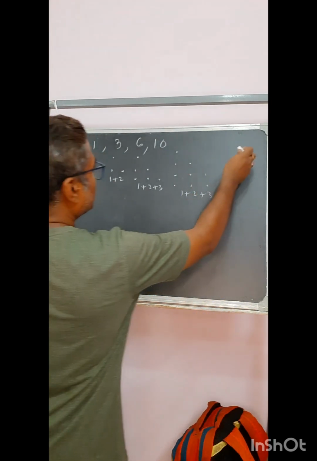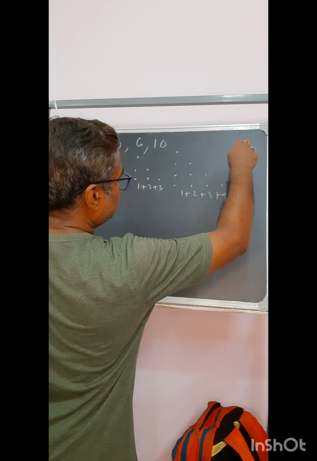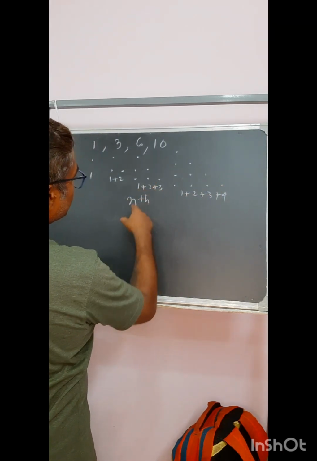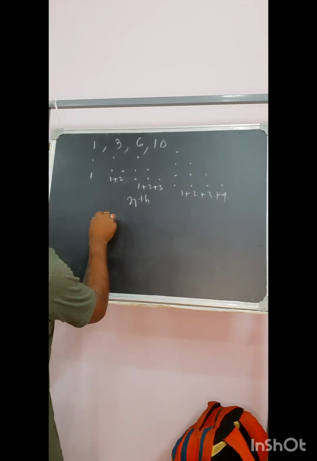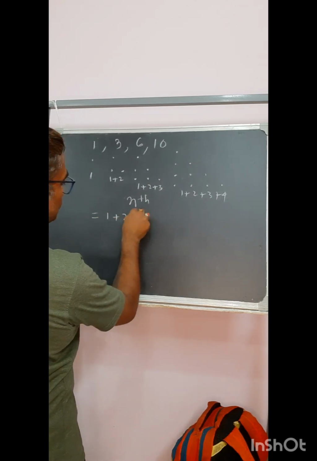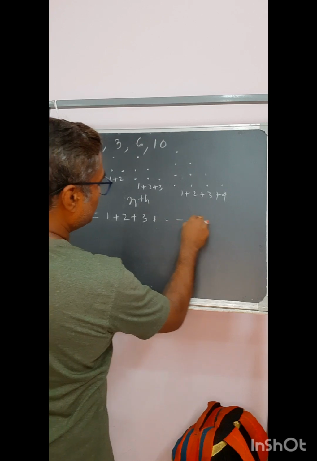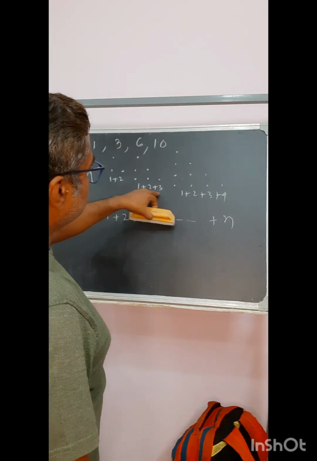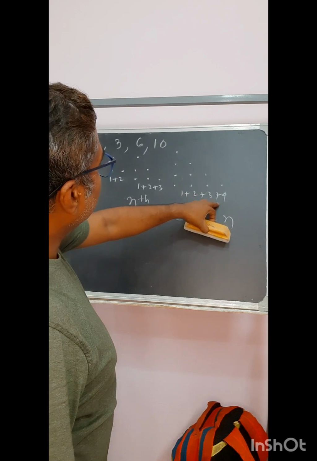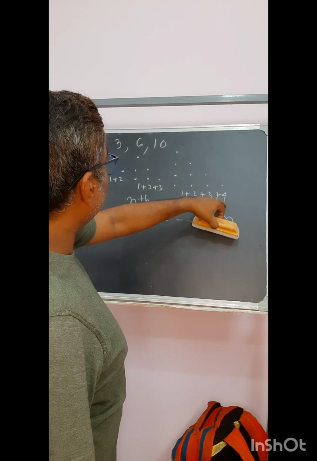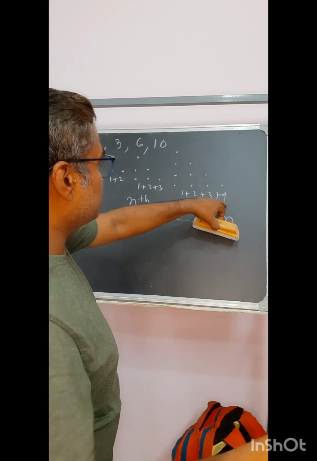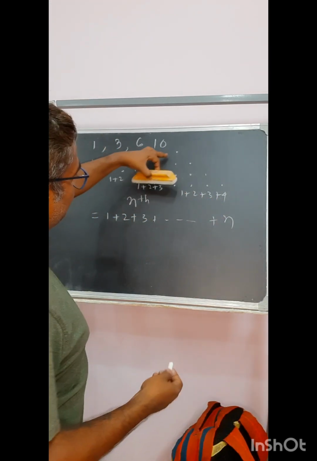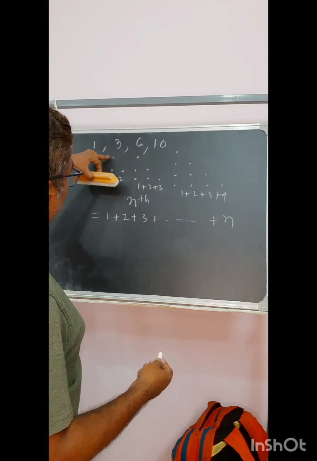So to generalize, any nth triangle must have 1 plus 2 plus 3 plus dot dot dot n dots, because these are the summation of the natural numbers up to that term. The 10th will have 10 rows, the 4th will have 4 rows, the 3rd will have 3 rows.